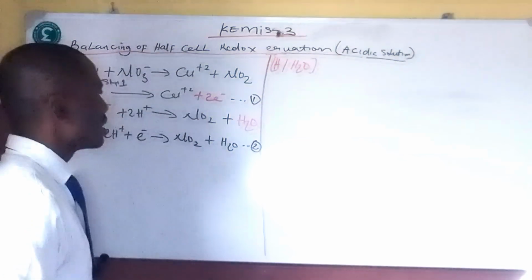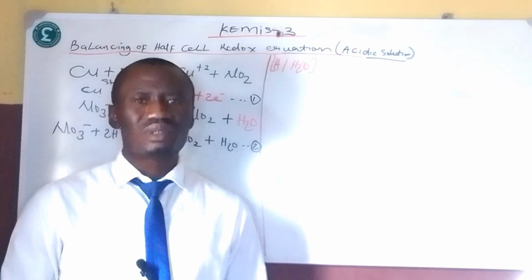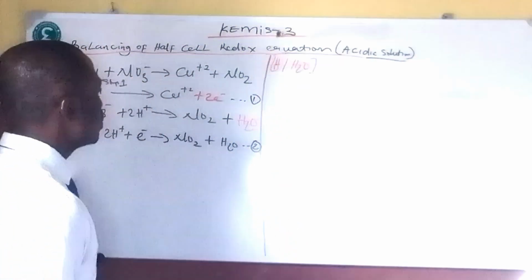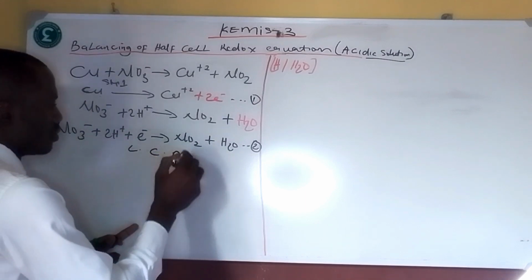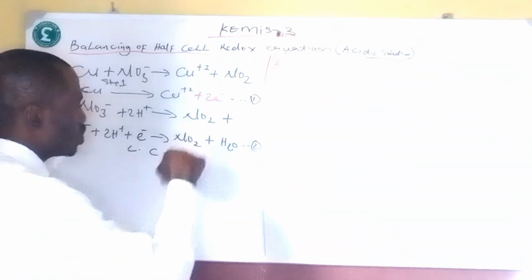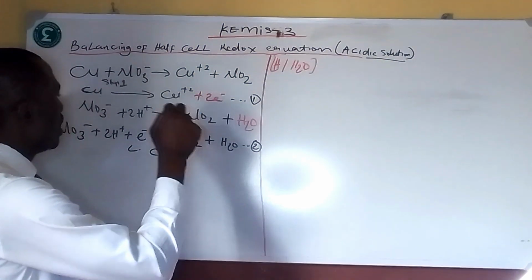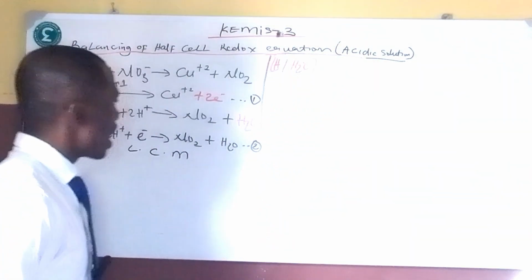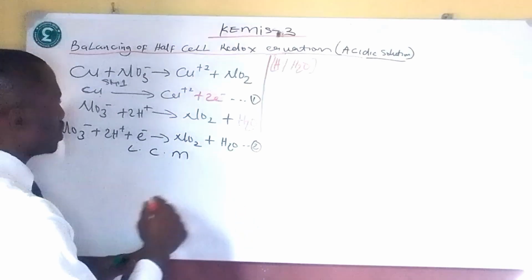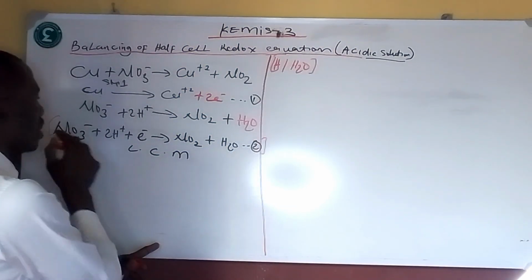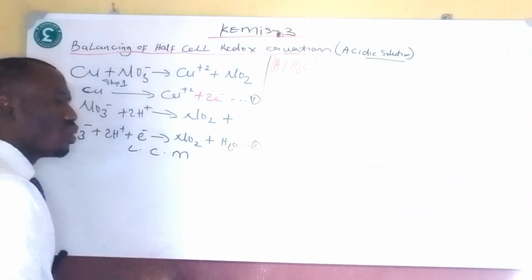Now, having done that, the next step, that is the third step, is to equalize the 2 divided equations. I'm going to find the LCM. If you find the LCM between these 2 equations, you have equalized the equation. The LCM between 2 and 1 is 2. What I'm going to do is multiply equation 2 by 2, so that my electron will now become 2.